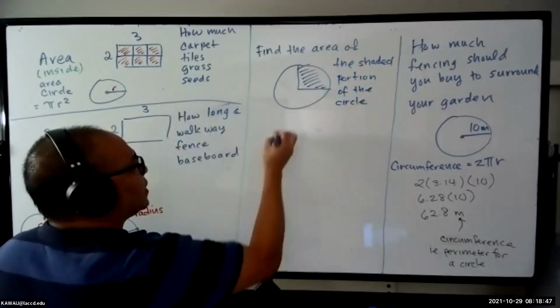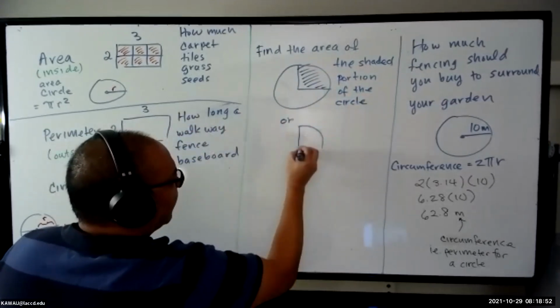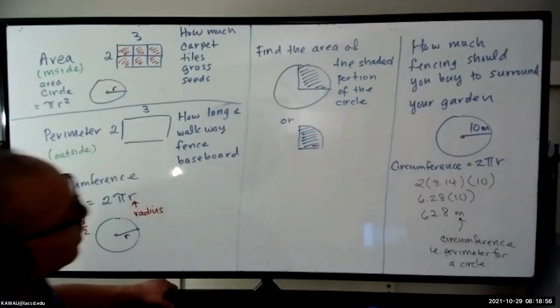They may give it to you like that, or they may just give you a quarter circle like this, or a half circle. Usually it's going to be a quarter or half, something that you can sort of recognize.